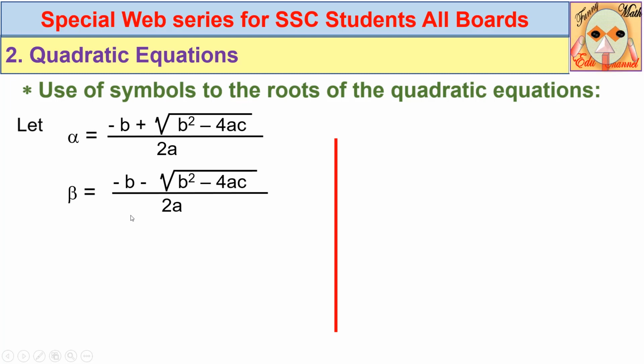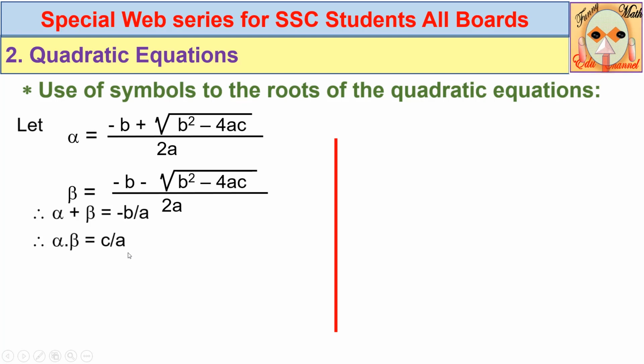If this is one root and this is the other root, we take the addition of these two roots. Addition of these two roots gives you minus b upon a, that is the coefficient of the x term divided by the coefficient of x square. And similarly alpha into beta, the product of these two roots, you get c upon a, after simplification.